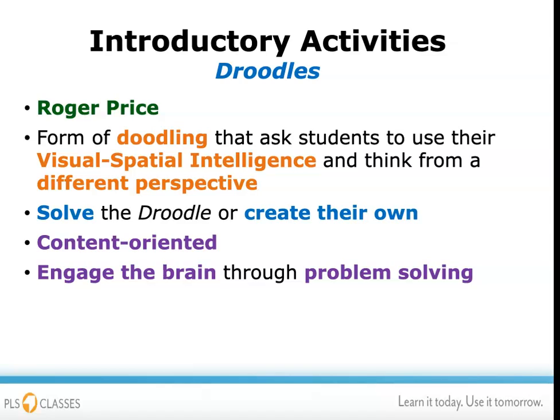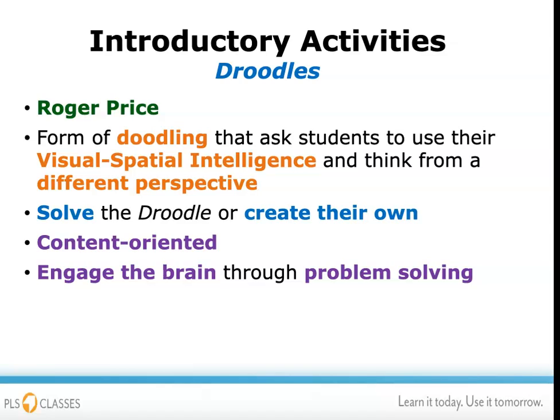Our next introductory activity can be used to engage the brain while fostering students' ability to challenge assumptions and search for alternatives. Please locate page 77, Droodles. Droodles were developed by Roger Price many years ago and were published in newspapers and magazines at the time.